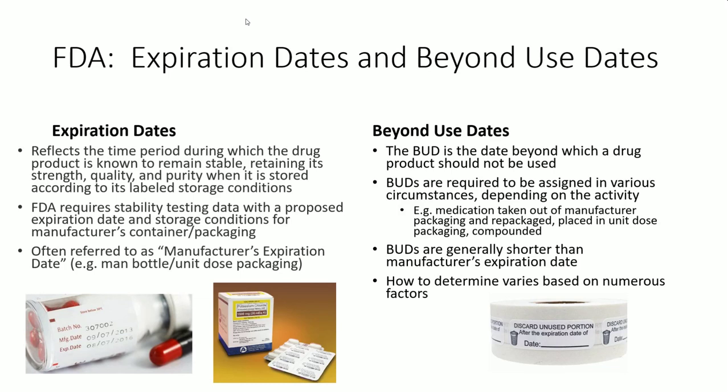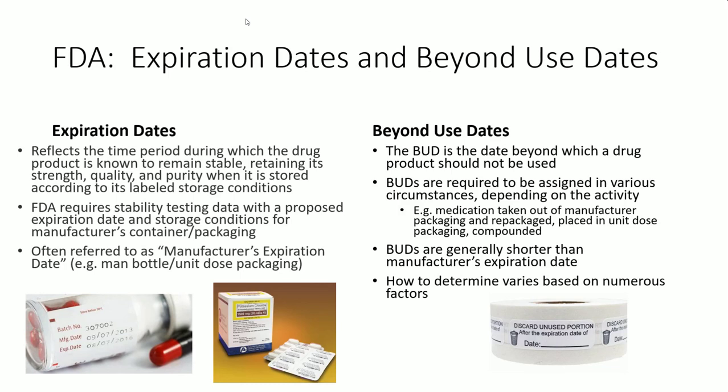If so, it's not guaranteed to be pure and stable. That doesn't mean it goes from 100% to 0% overnight, and in fact there are studies that show drugs often stay stable even after that. But those are the dates that we use. Obviously, we can't dispense medications from a manufacturer's packaging past that expiration date.